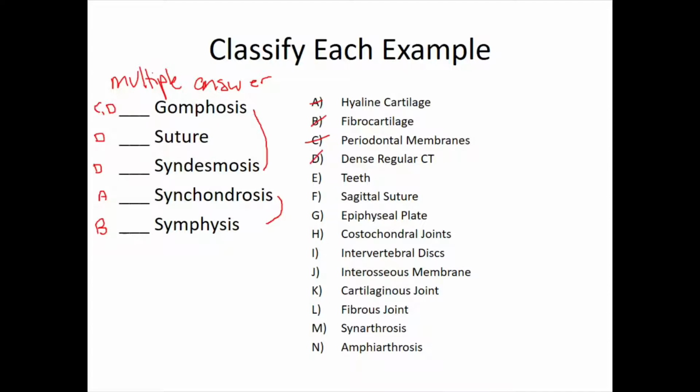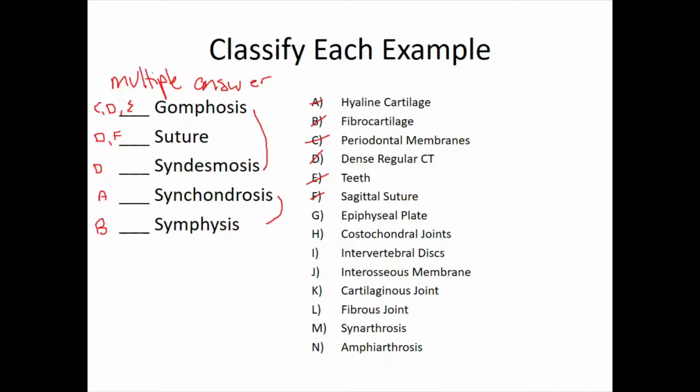You're holding your teeth in at that particular joint. Sagittal suture. The sagittal suture is an example of the suture here, so we'll put that here. Epiphyseal plate. This is hyaline cartilage. So where do we have hyaline cartilage? At the synchondroses. So we put it here.